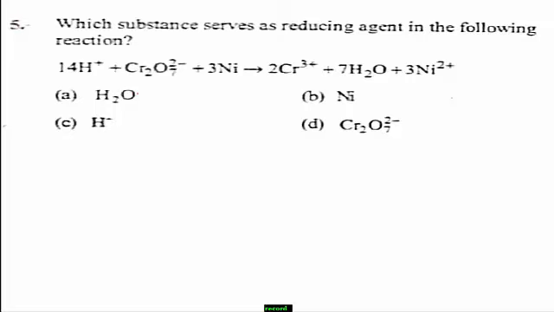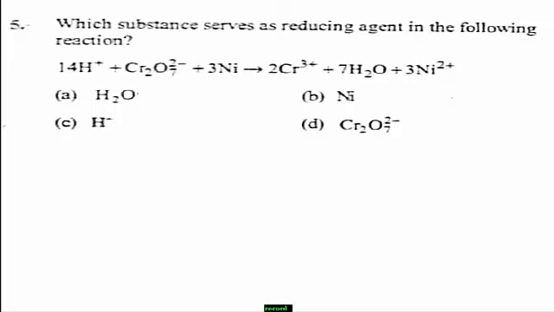Next question number 5. Which substance serves as reducing agent in the following reaction? Remember students, among the given species, which one acts as a reducing agent?